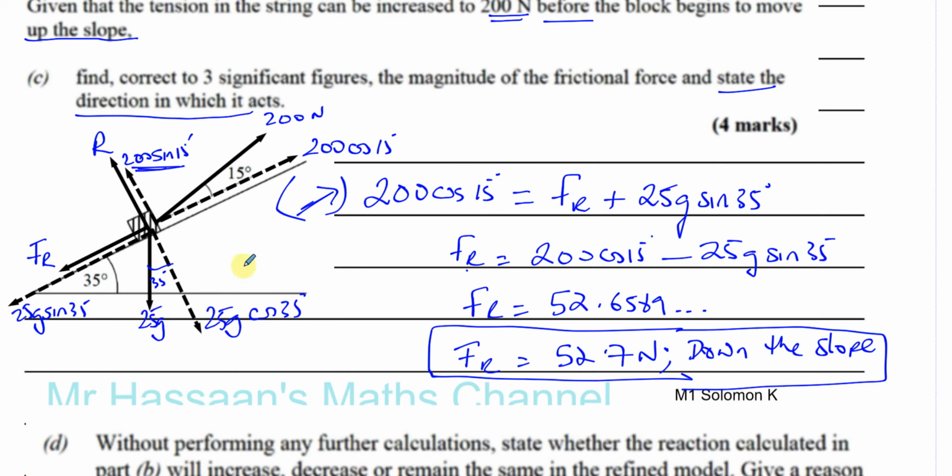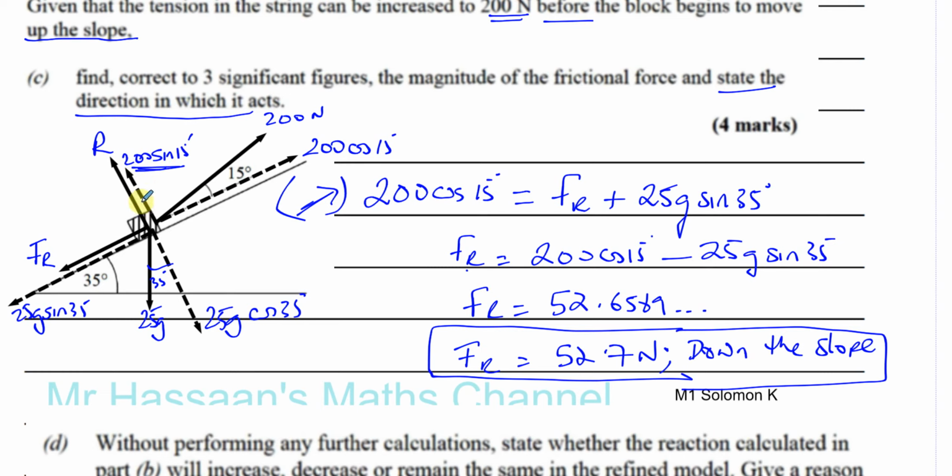The force R plus this must be the same as that. R plus T sine 15 is equal to 25G cosine 35. If T increases, then R must decrease because they both have to add up to the same thing. I hope that's clear.